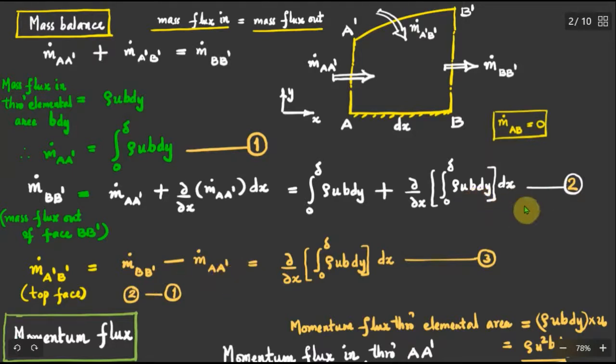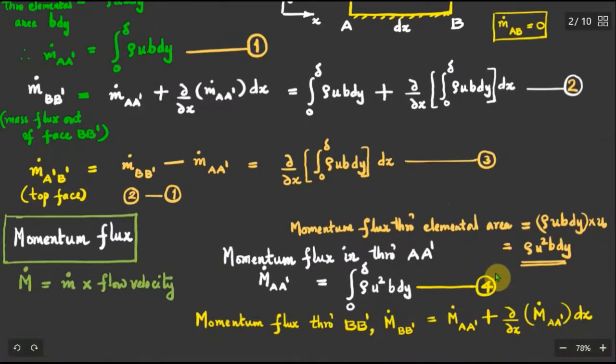So if you take the difference between 2 and 1, that is 2 minus 1, the first term integral 0 to delta rho u B dy will get cancelled and you will be getting this incremental part alone. So that is the mass flux entering through the face A dash B dash, the top face, into the control volume, equal to dou by dou x of integral 0 to delta rho u B dy into dx. Let it be equation number 3.